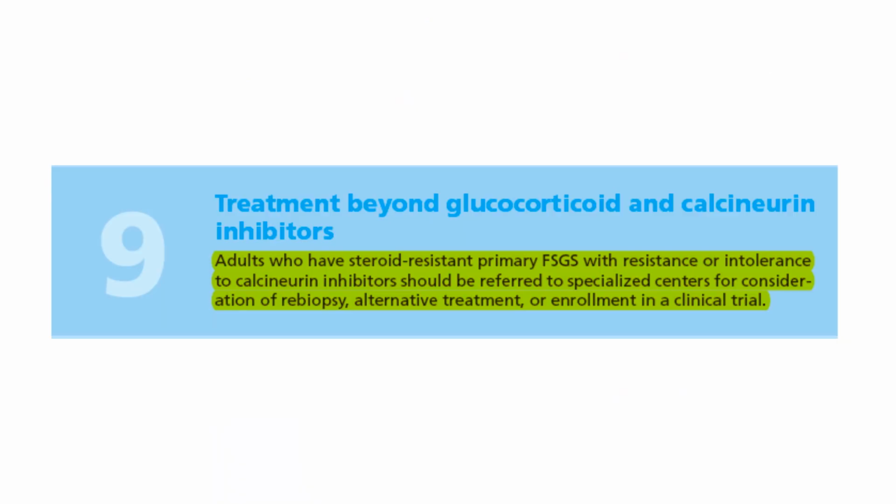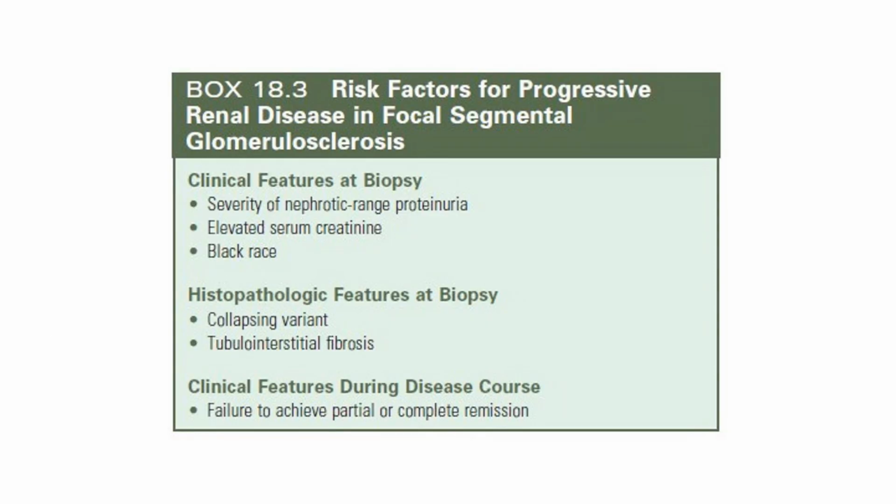So, adults who have steroid-resistant primary FSGS with resistance or intolerance to calcineurin inhibitors should be referred to a specialized center for consideration of rebiopsy, alternative treatment, or enrollment in a clinical trial.